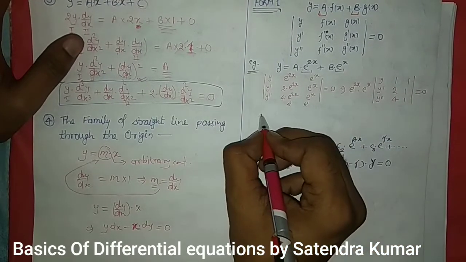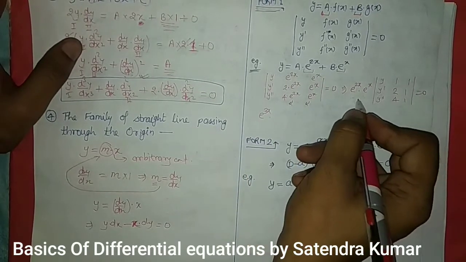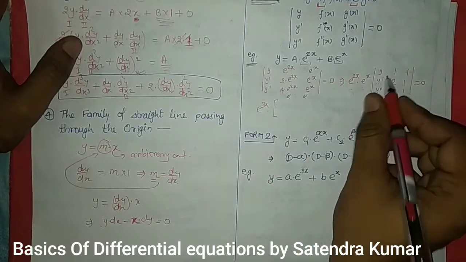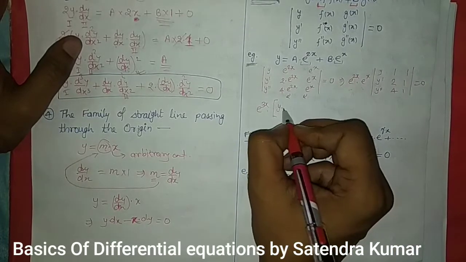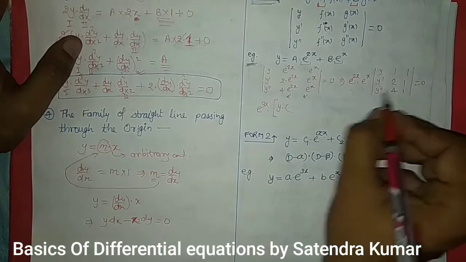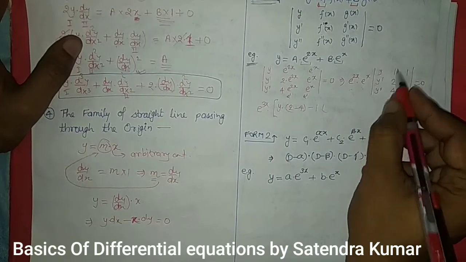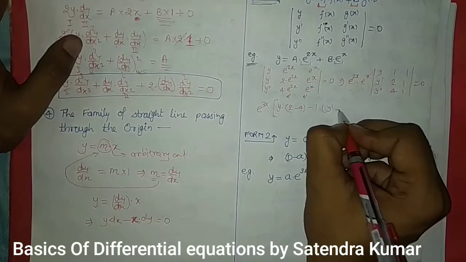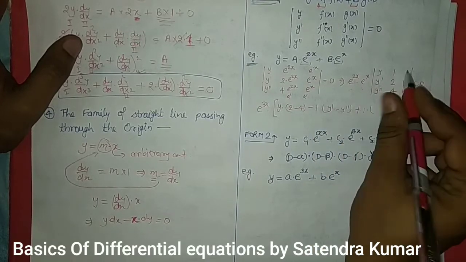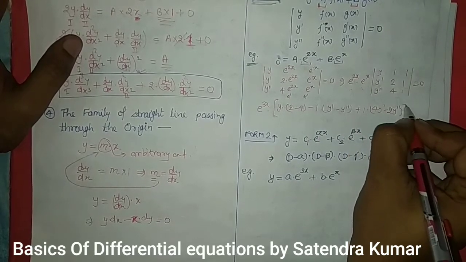So e to the power 3x, these are the two terms combined, and the simplification of this is y into, simply multiply these, 2 minus 4 minus 1, this one, and y prime minus y double prime, and the last term, this one, is 4 times y prime minus 2 times y double prime.